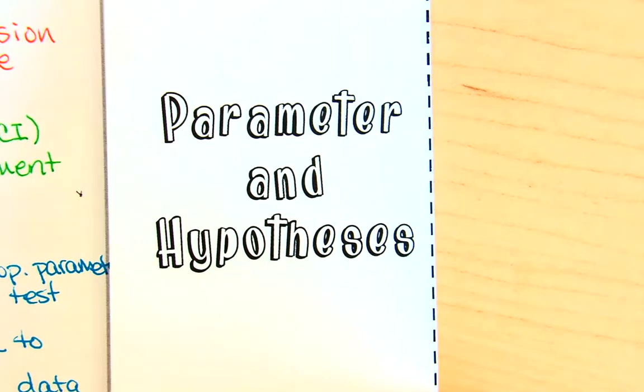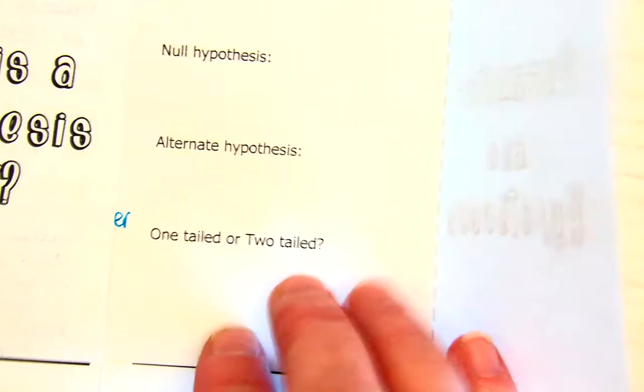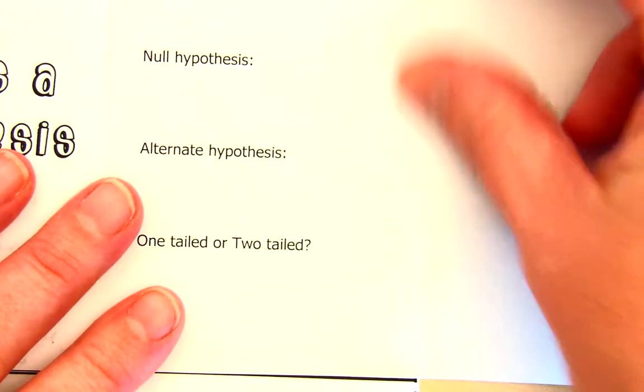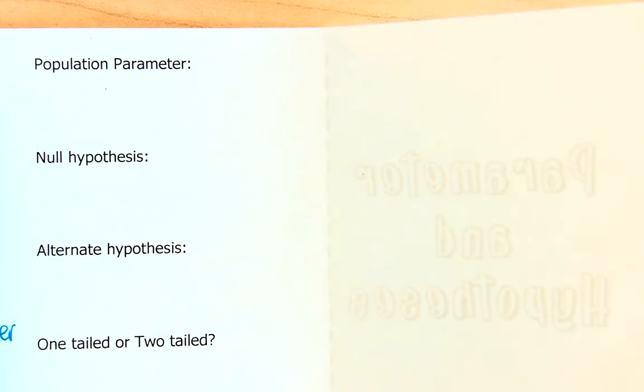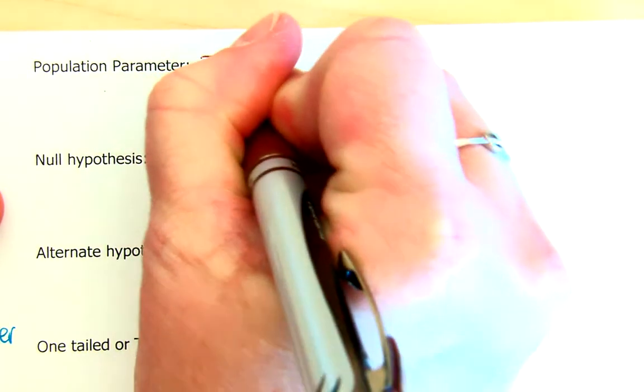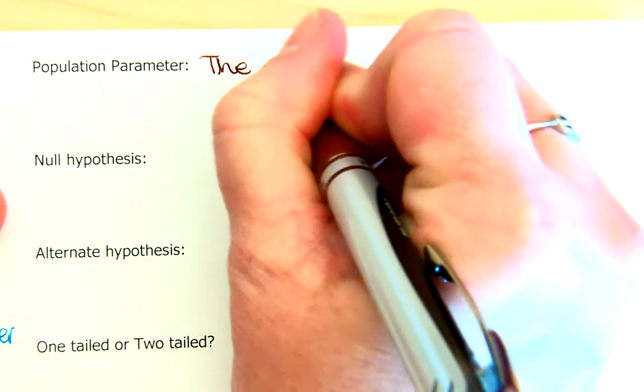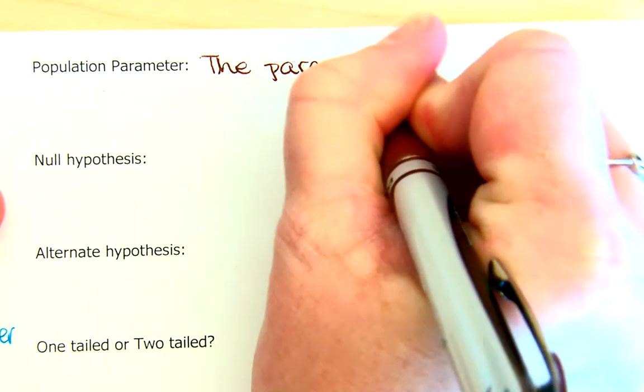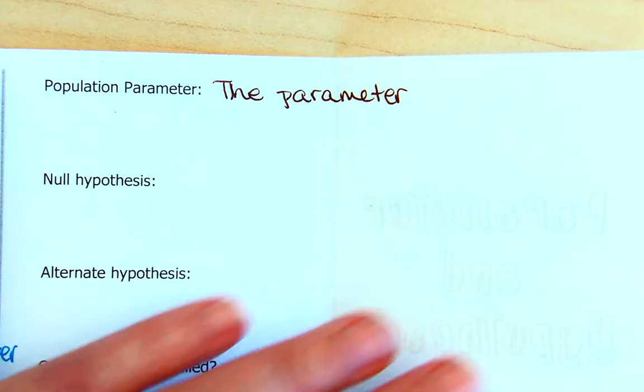Okay, so parameter and hypothesis. So for starting with hypothesis, we said we first start with a belief about a population parameter. So the parameter is the true value.